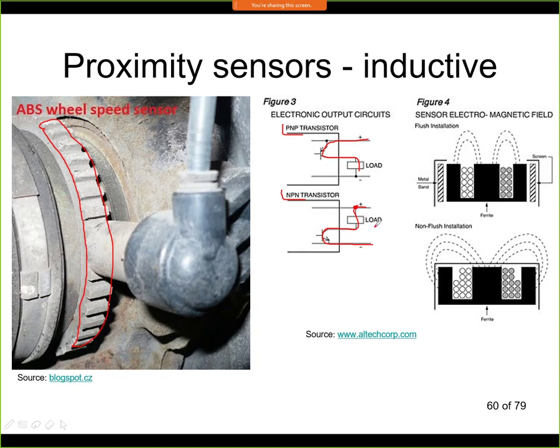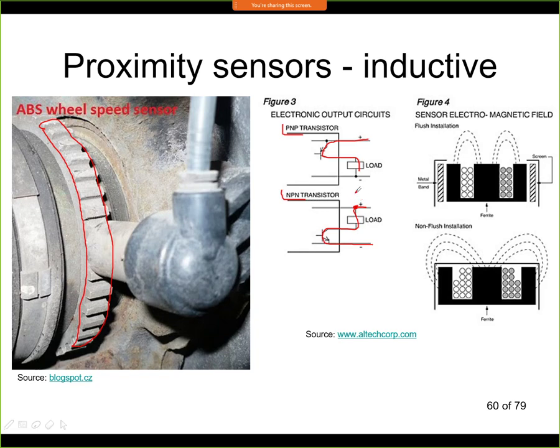And again, the load can be anything. It could be a bulb, it could be an input to the computer system, it could be a voltmeter or ammeter, for example. So those are the types of the two outputs, and the actual output that you choose for your application depends on the application requirements.